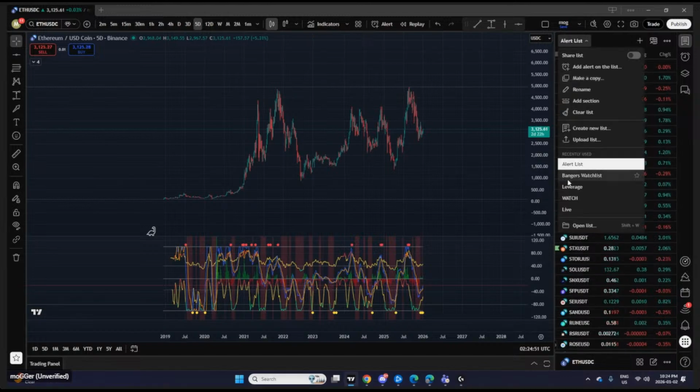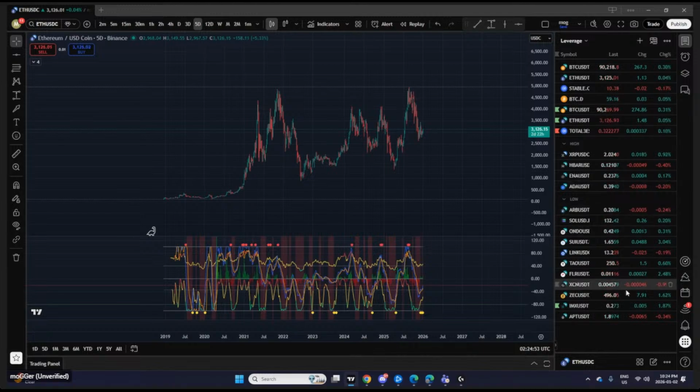A lot of them are super low leverage. I'm just catching swing plays. When I have high, it just means I have a higher margin, more money invested in it.